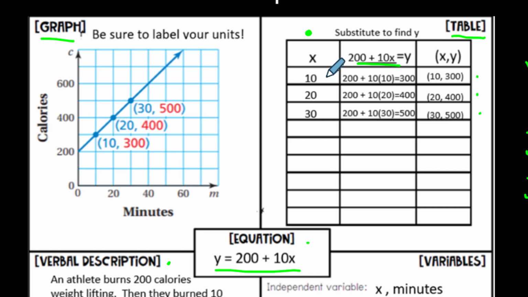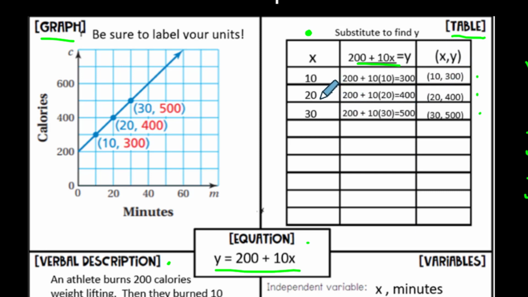So I just chose 10, 20, and 30. And you can see how right in the center, we're substituting to figure out what Y would be. When you substitute 10 in, Y has to be 300. So a solution would be when X is 10, Y is 300.